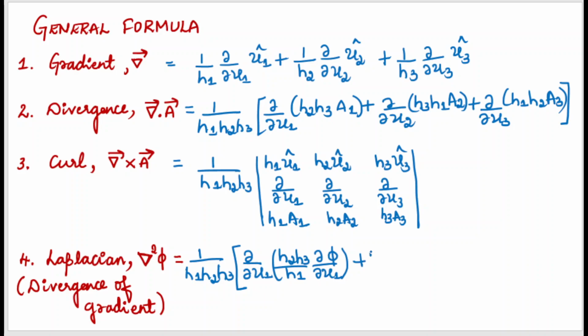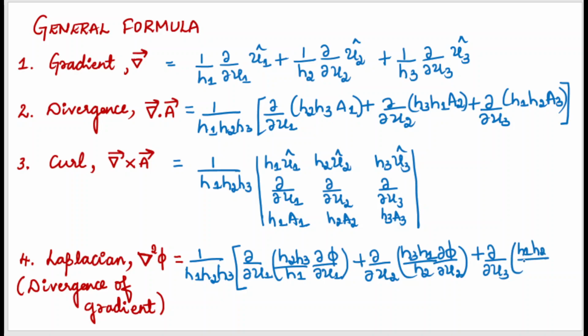Plus, similarly you can do the rest: dou divided by dou u2 of h3 h1 divided by h2 into dou phi divided by dou u2. The last term is plus dou divided by dou u3 of h1 h2 divided by h3 into dou phi divided by dou u3. So these are the general formulas for the Laplacian. This is for the gradient, this is for the divergence, and this is the curl. It is very easy. Once you look at it, you can grasp it easily.